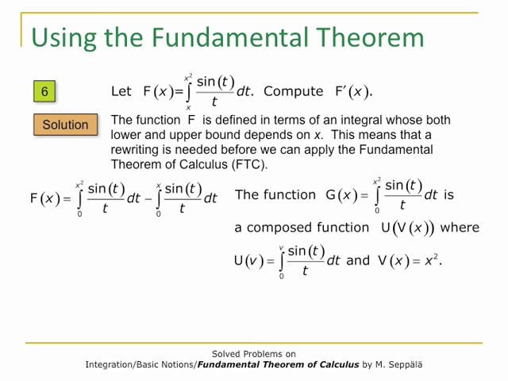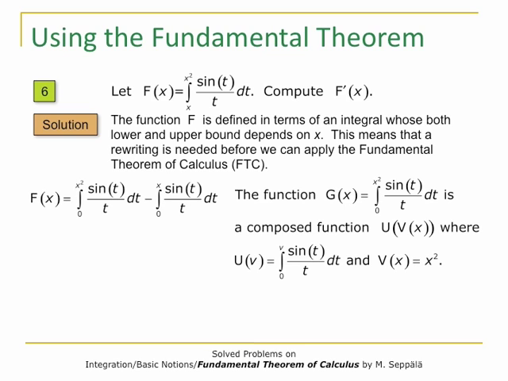To compute the derivative of the function capital G, which is the integral from 0 to x squared of sine of t divided by t dt, we must interpret this function as a composed function, where the outer function capital U is the function whose value at v is the integral from 0 to v of sine of t divided by t dt.